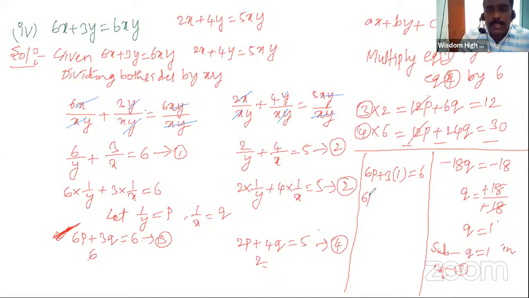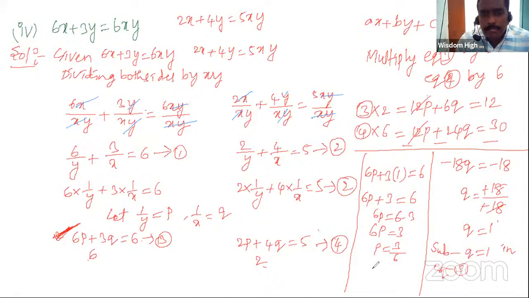So 6p plus 3 is equal to 6. Now 6p is equal to 6 minus 3, so p is equal to 3 by 6, which is 1 by 2. Yes, you have to try to understand.